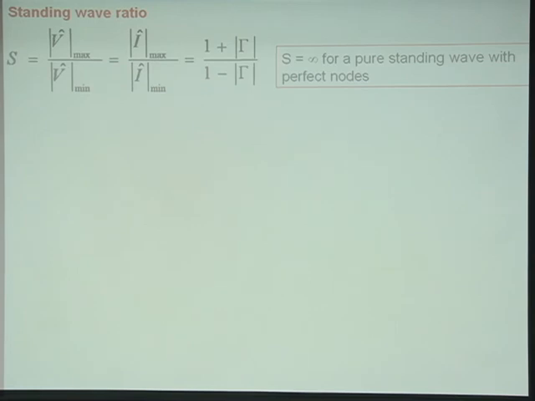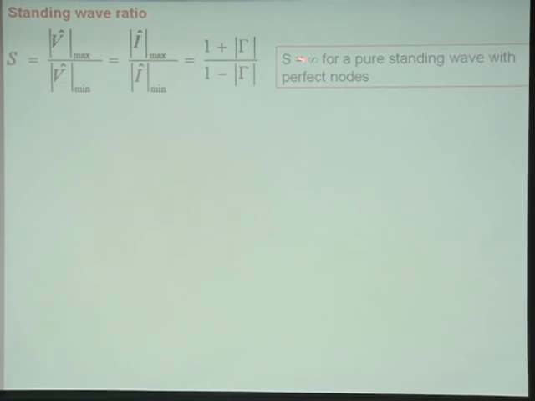So people define a standing wave ratio like this. Okay, that is a ratio of the maximum value of voltage or current over the minimum value of voltage or current. Okay, so if you have the 0 value for your minimum voltage or current, it turns out that this standing wave ratio becomes infinite.